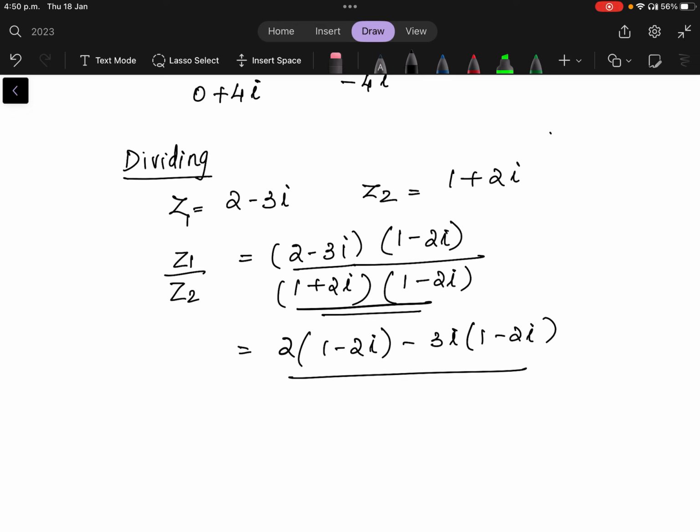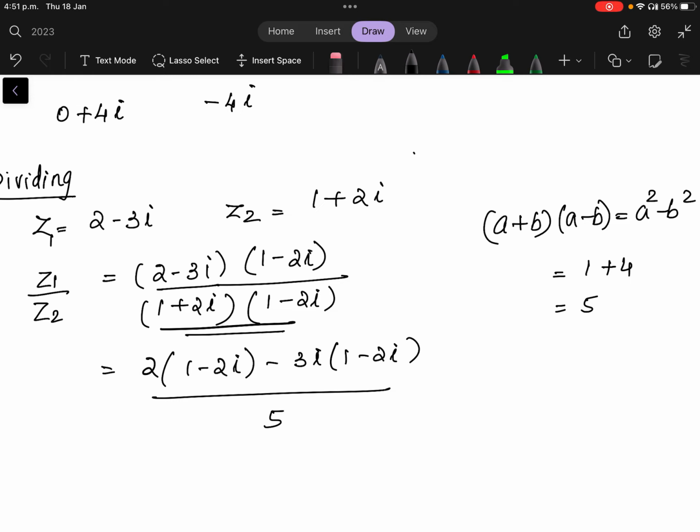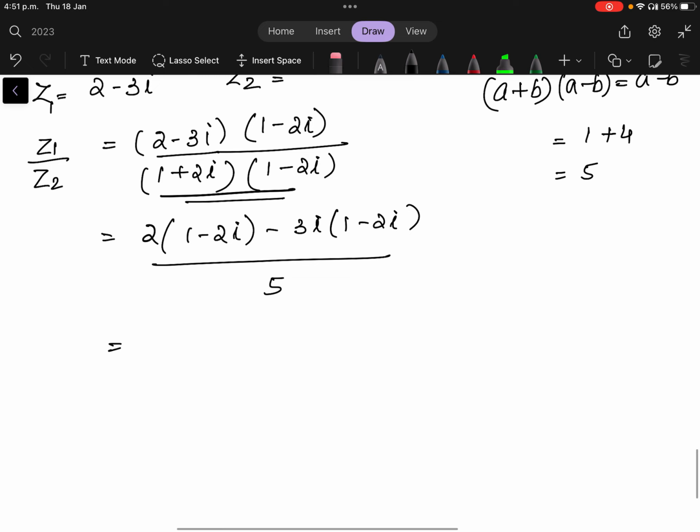The denominator takes the form (a plus b)(a minus b), that will be a squared minus b squared. So you can simplify this as 1 plus 4, because i squared is equal to minus 1, and that will be 5. So I can just directly write 5 here. The numerator will be 2 minus 4i minus 3i plus 6i squared.